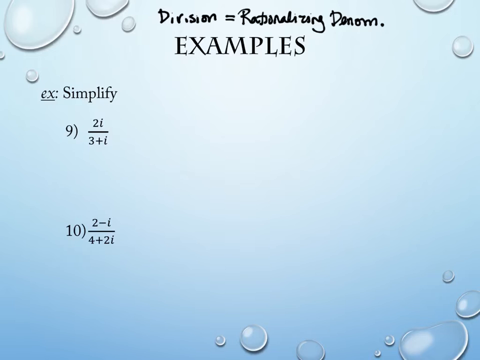Now, when we had rationalizing denominators before, it meant no radicals on bottom. But i is a radical, right? We don't see it present when we were looking at i, but it is. So what this means is that I will have no i's on bottom. That's my goal.